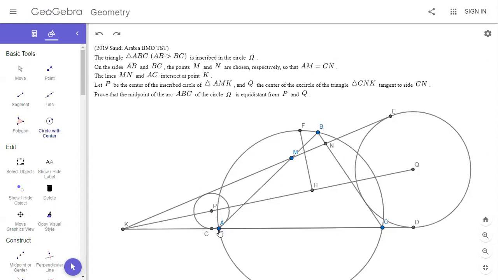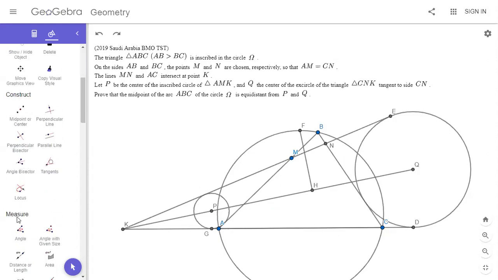I wonder if angles FPA and FQC add up to 180.